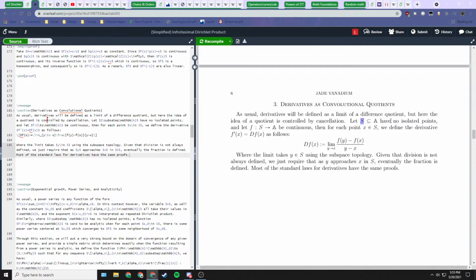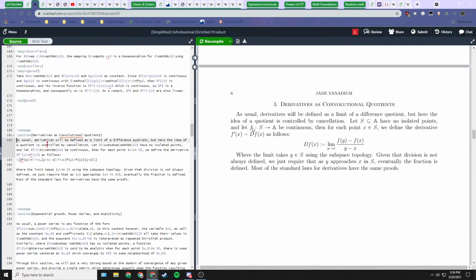We've just assumed that it has no isolated points. For example, if S were the complex plane, and f always output a complex number, this would just be the complex derivative.